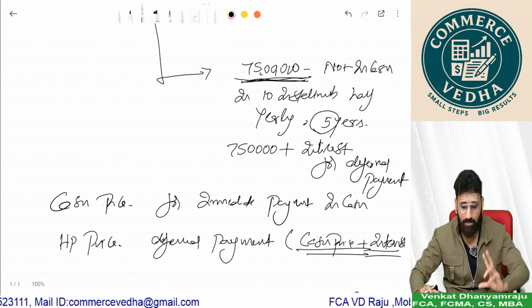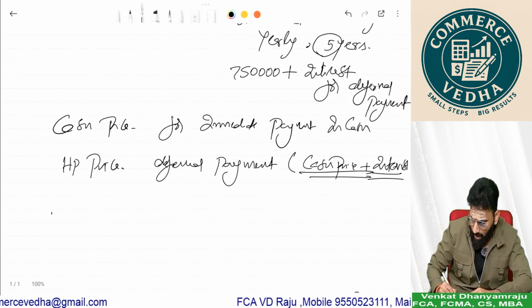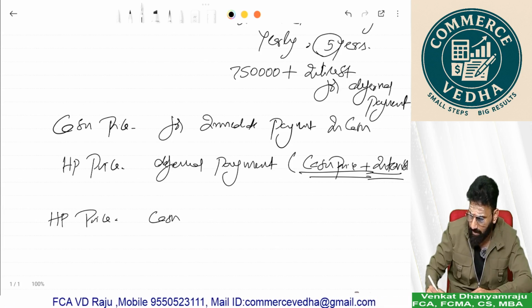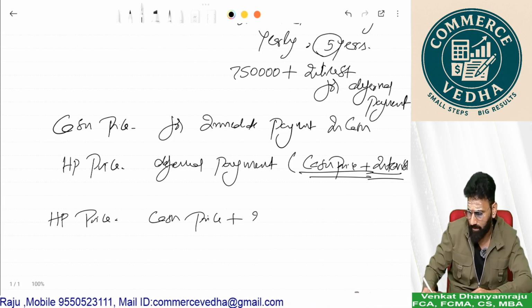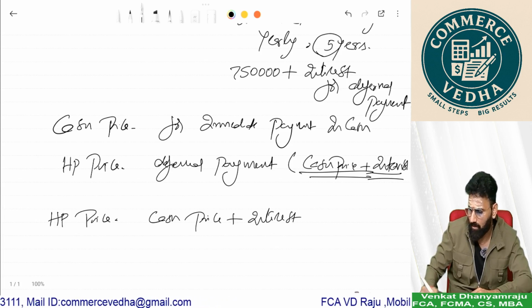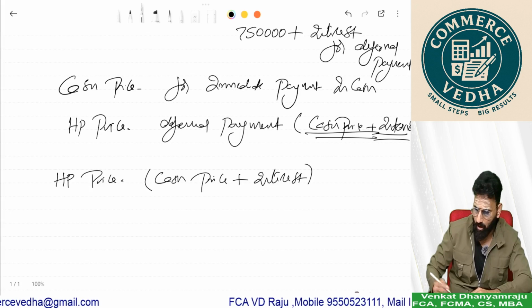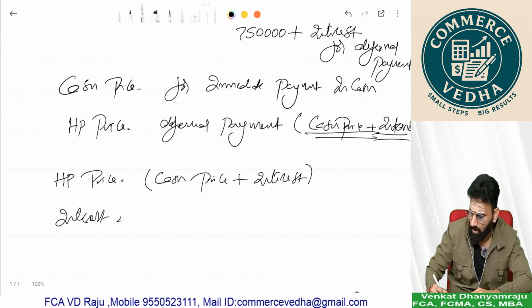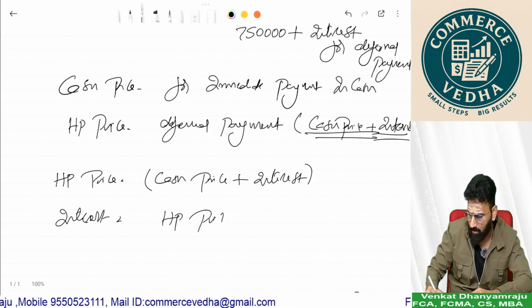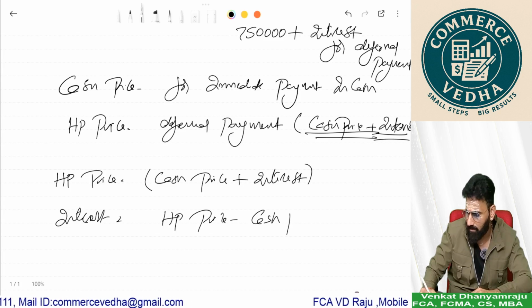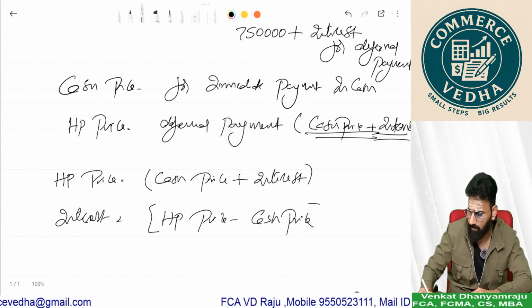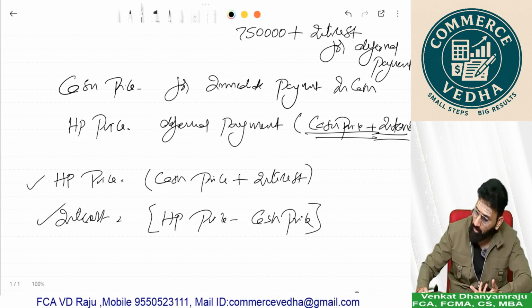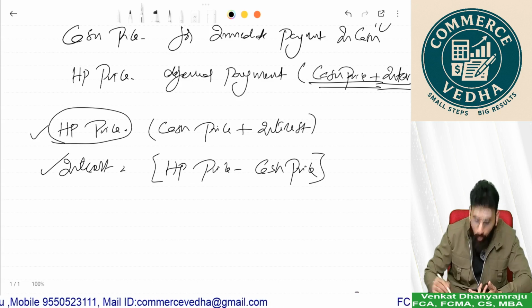So we can say hire purchase price equals cash price plus interest, or interest equals hire purchase price minus cash price.